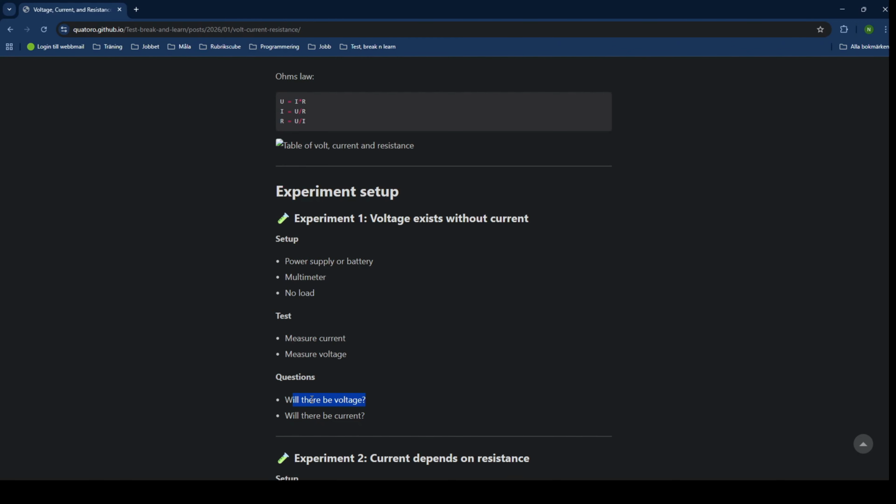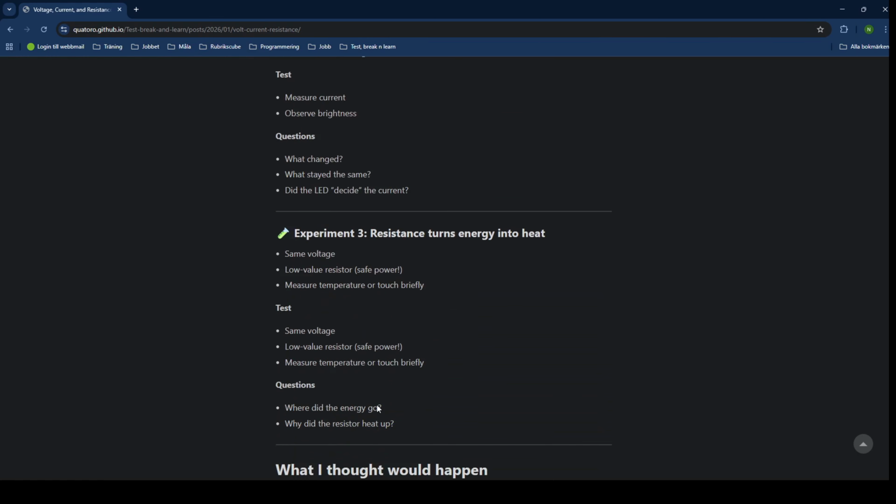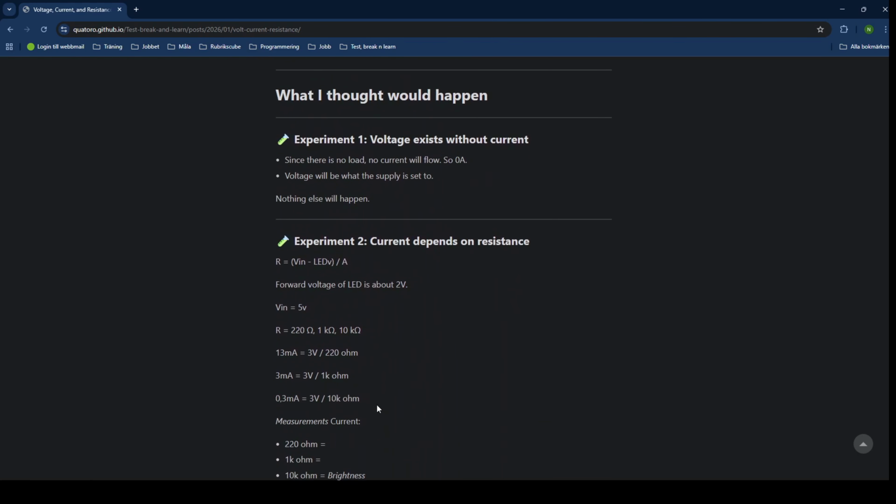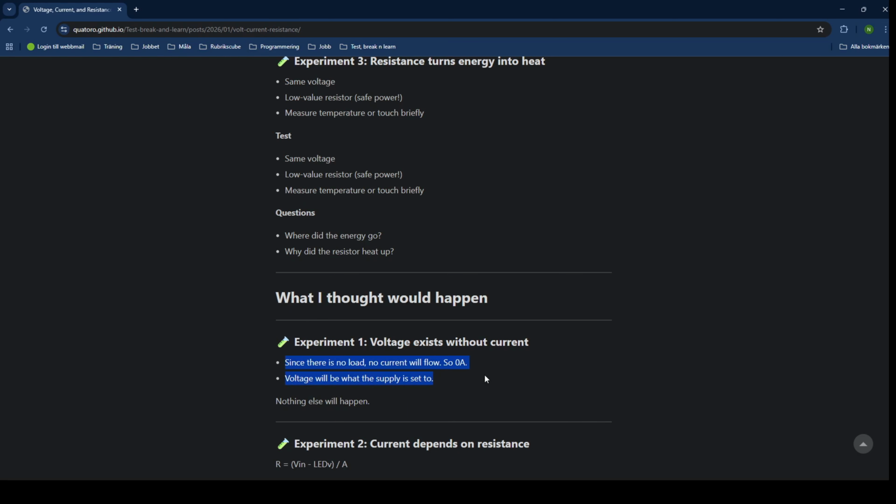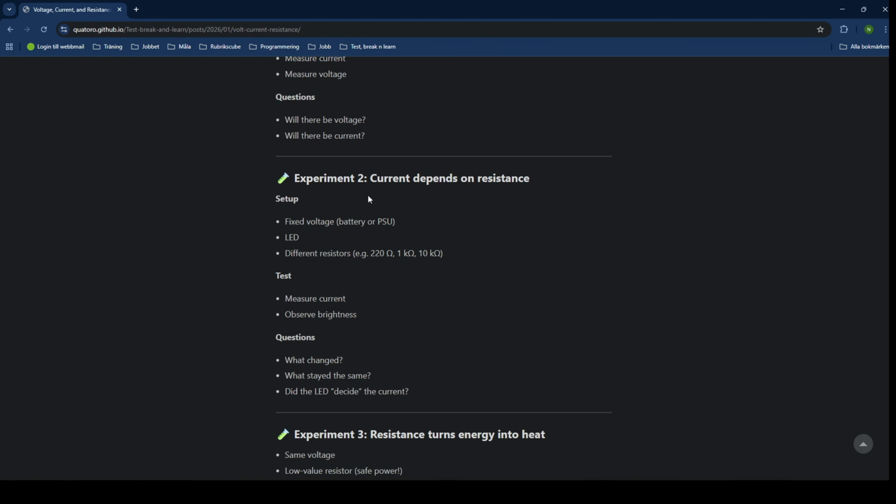So the question was, will there be voltage? Yes, and I have written down here: no load, no current. I wasn't expecting my multimeter to draw that much current. Voltage will be the same as the power supply is set to.